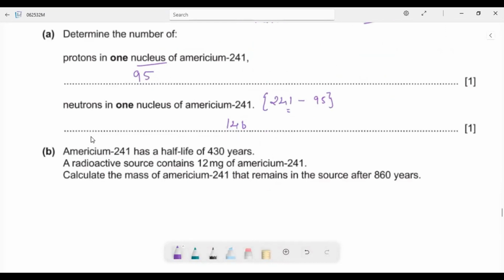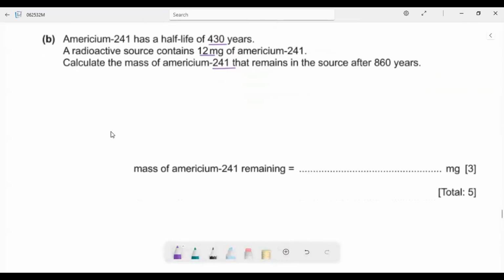Americium-241 has a half-life of 430 years. The radioactive source contains 12 mg of Americium-241. Calculate the mass of Americium-241 that remains in the source after 860 years.